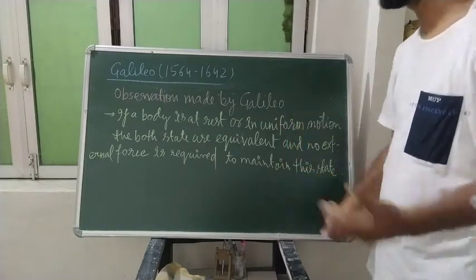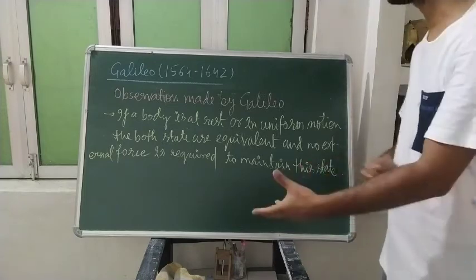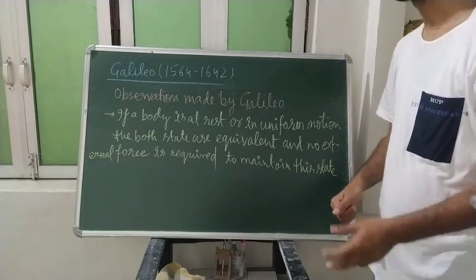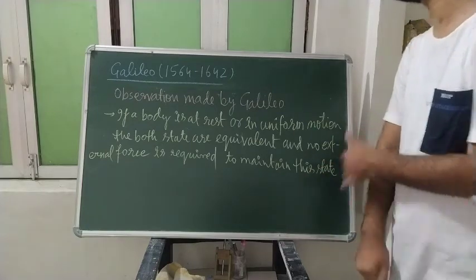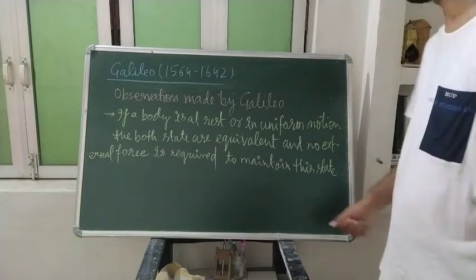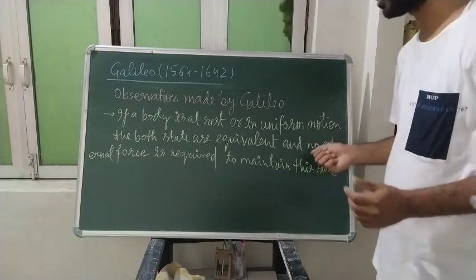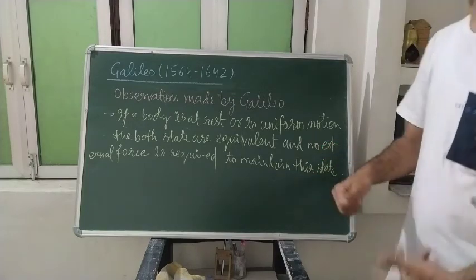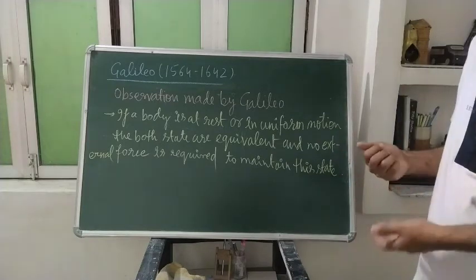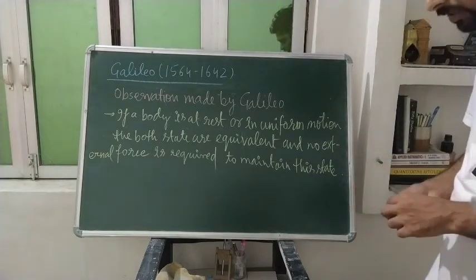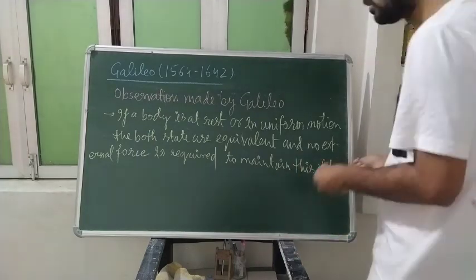If a body is at rest or moving with certain velocity, it will keep those states unless an external unbalanced force is applied on it. But it was that observation of Galileo, and that is why we say that the law of inertia was given by Galileo.